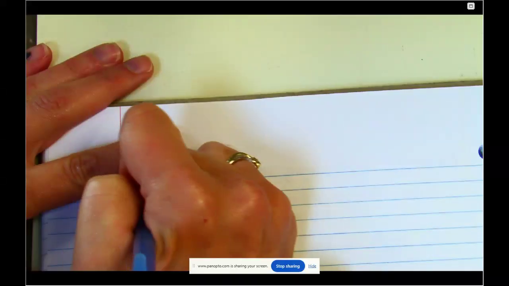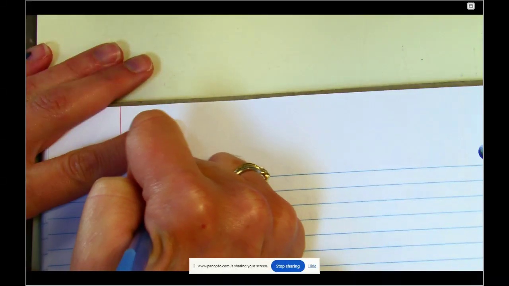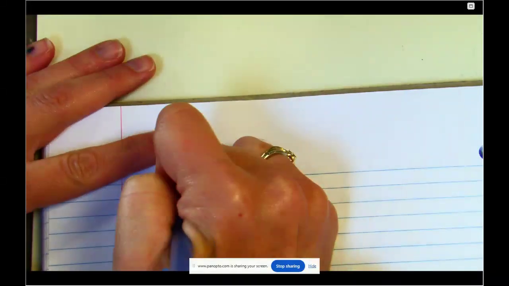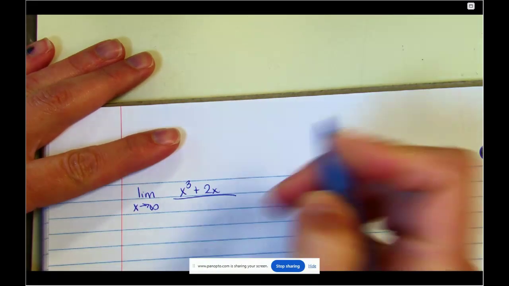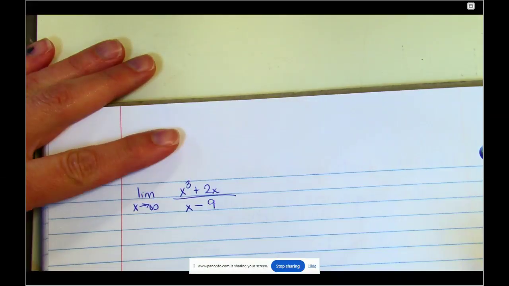Okay, we're going to do 2 more and then we'll be done. Let's go the limit as x approaches infinity of x cubed plus 2x over x minus 9.